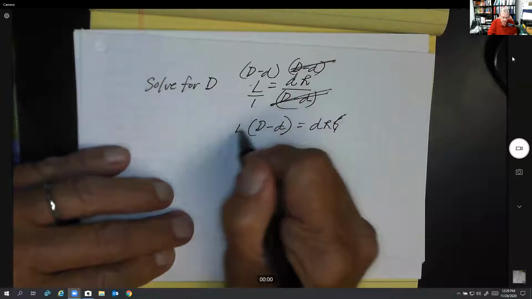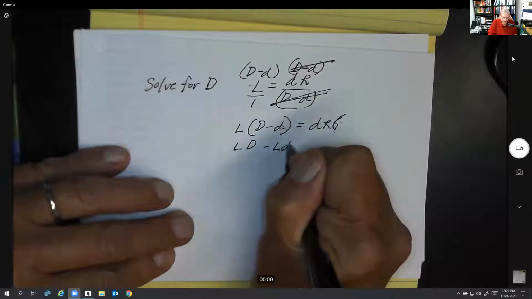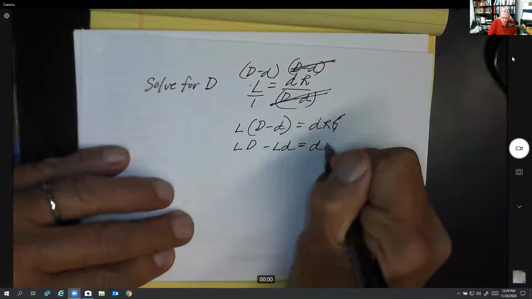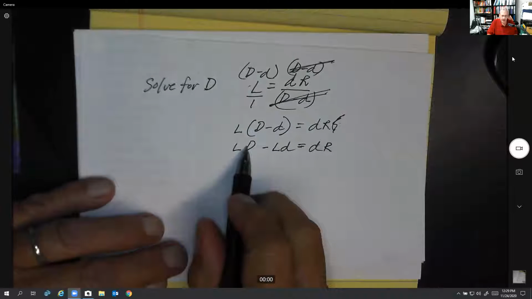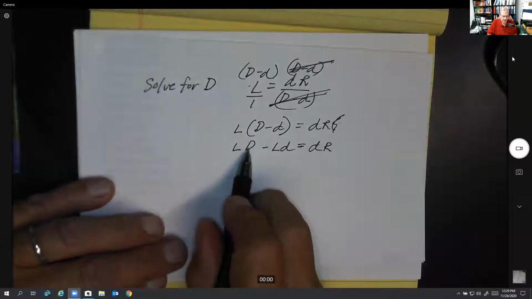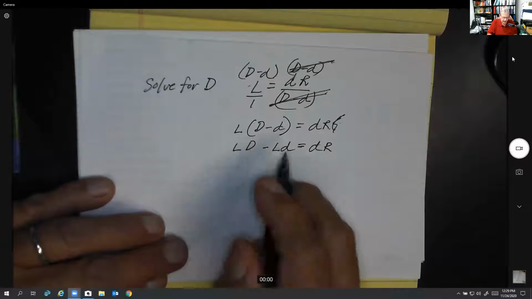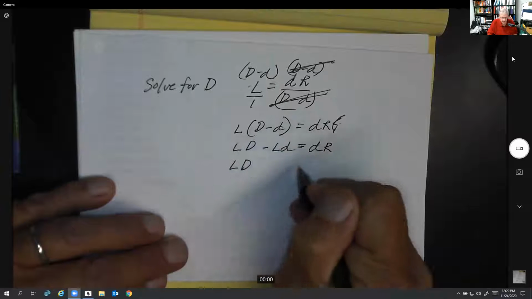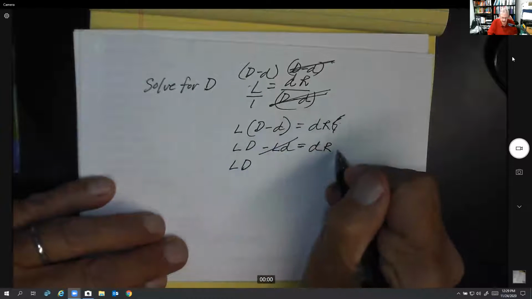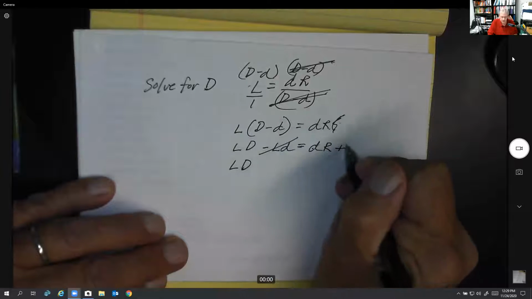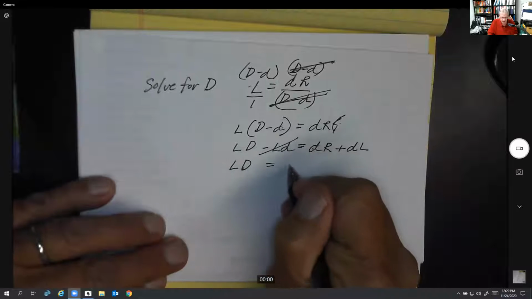So the first thing we're going to do is distribute: LD minus Ld equals dr. Let's get this LD by itself. Try to get D as isolated as you can. So let's move the Ld to the other side: LD equals dr plus dL, since the little d comes first. You could factor that, but it's really not necessary.